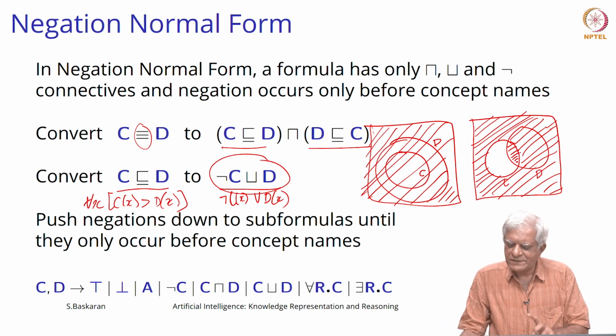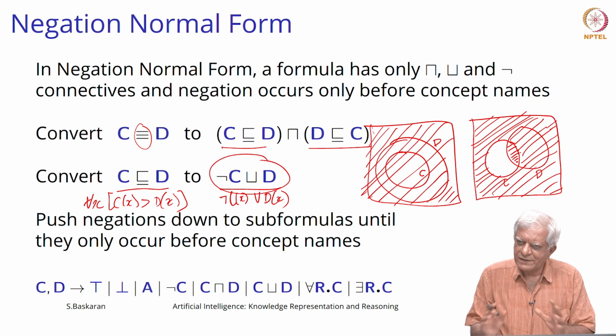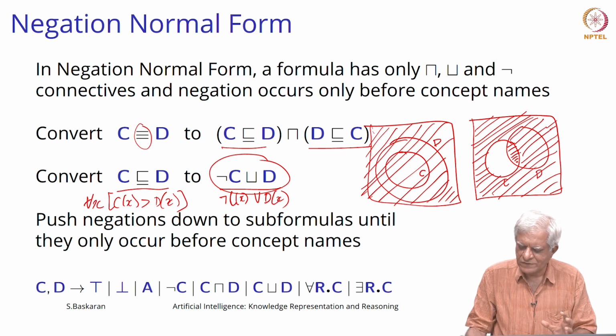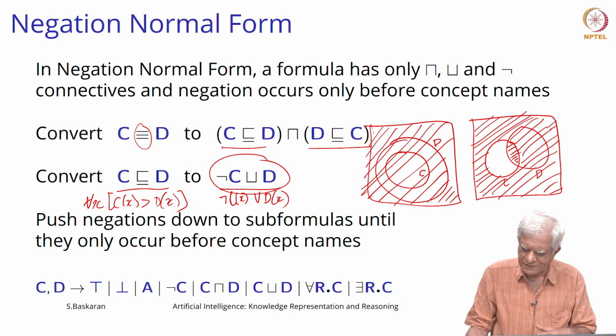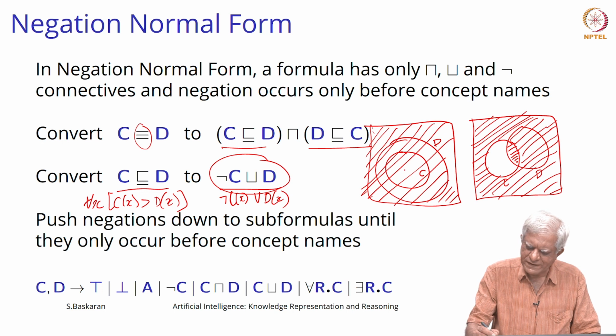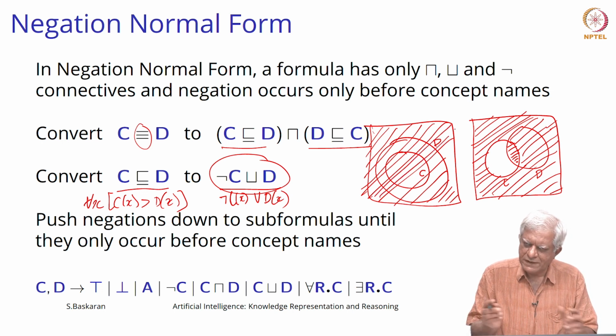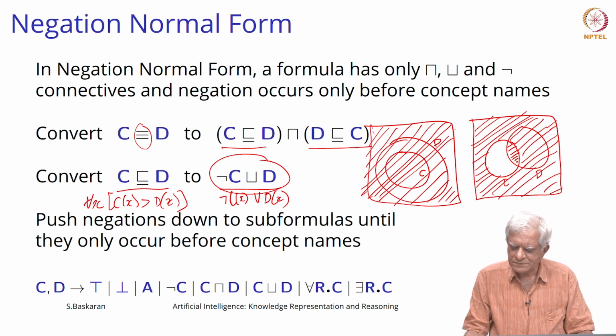Now you see that it is not a complete universe of discourse. There are some things which are not in this set, and that happens when C is not subsumed by D. When C is subsumed by D, as we saw, everything would be included in the set.